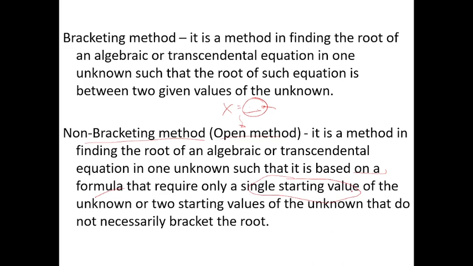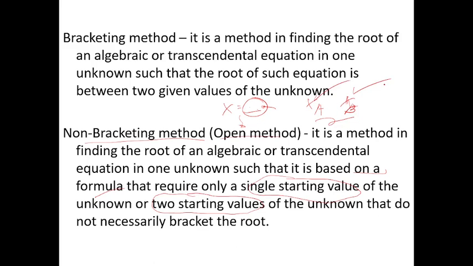Or, dalawang kailangan na values, two starting values, x sub 1 or x sub 2 or x sub a and x sub b. Dalawang kailangan, pero not necessarily na nakapagitan yung root sa dalawang value ng x.